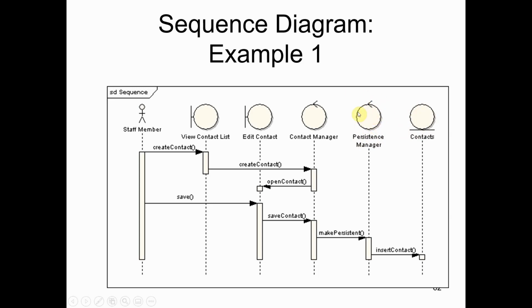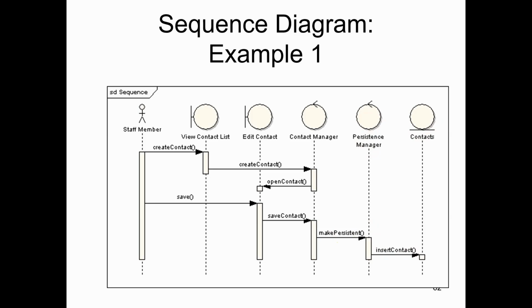This object is responsible for saving the data, querying the database, and deleting, so all kinds of data management. So we put them in one object, called the persistent manager. It makes persistent, and this object will insert the contact into the entity object. This is a very typical example.